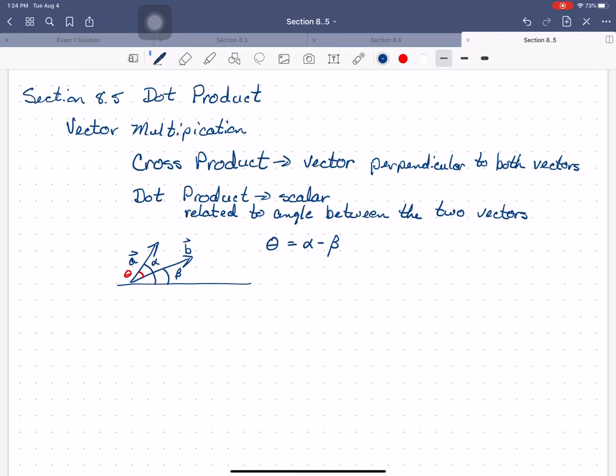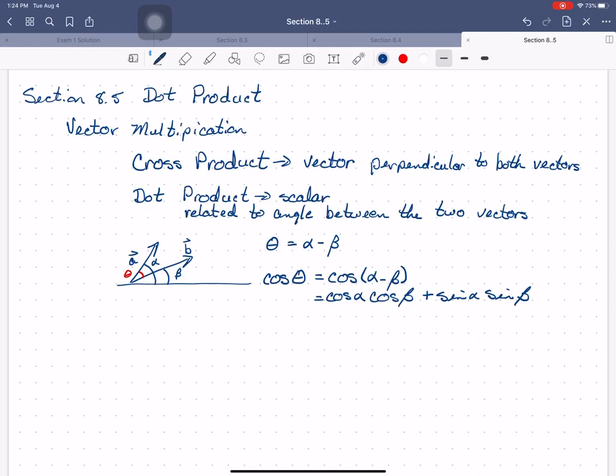So we can talk about the cosine of angle theta as the cosine of alpha minus beta. And we've got an identity for that. This is the cosine of alpha times the cosine of beta plus sine alpha times sine beta.